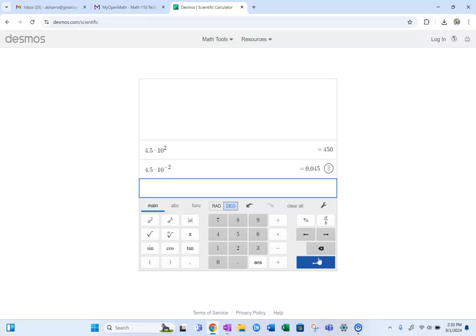The third one was 4.2 times 10 to the 5th, so 420,000. And our last one was 0.24 times 10 to the negative 5.